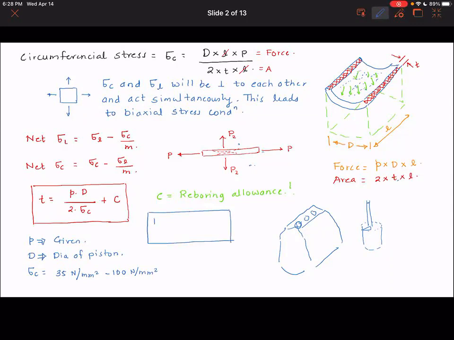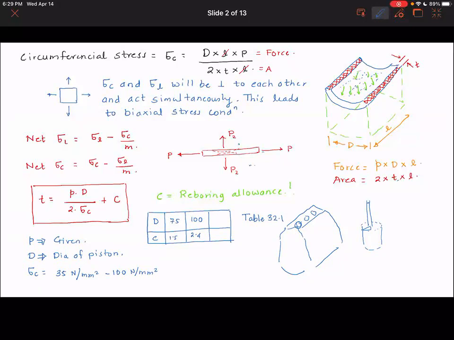For example, you have D and you have C. If your diameter is 75 millimeter, the reboring allowance is 1.5. If your diameter is 100 millimeter, the reboring allowance is 2.4. We will use the design data book, table 32.1, to find the value of the reboring allowance.